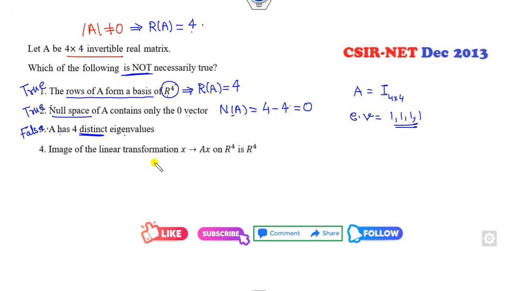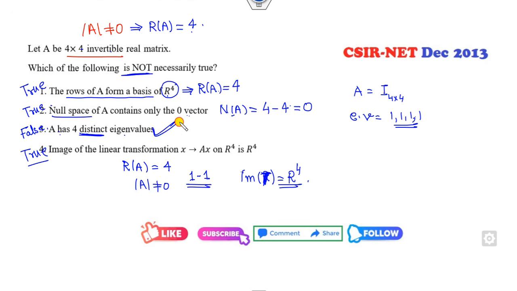Image of the linear transformation AX on R4: because rank of A is 4, that means determinant is non-zero, so definitely the image of this transformation is R4. So this is a true statement. The only correct answer is C.